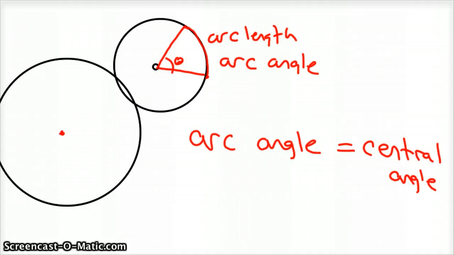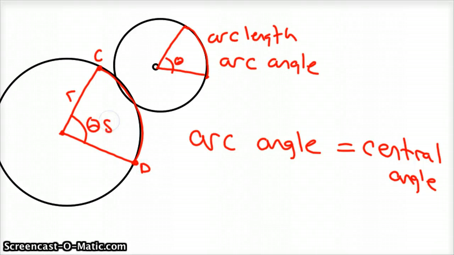So here's my sector. Here's my central angle. That's theta. Here's your radius. And here's your arc angle. Okay? You can also label these points. Let's call this CD. So let's say this was, it looks like 89 degrees.